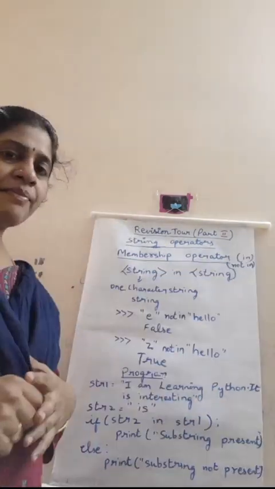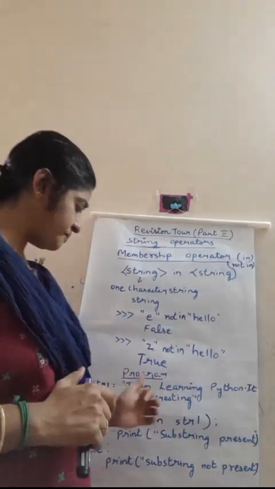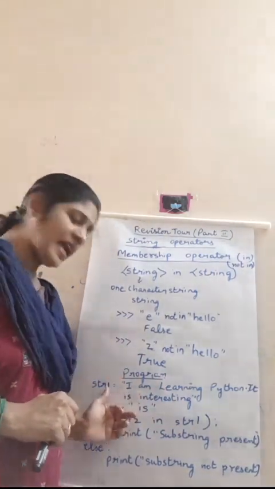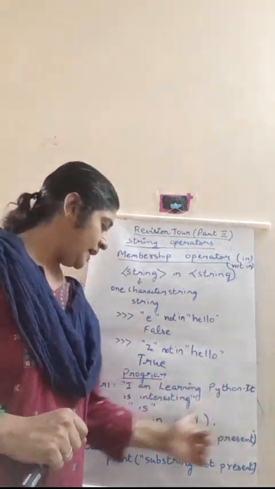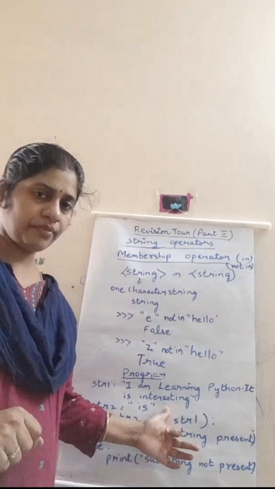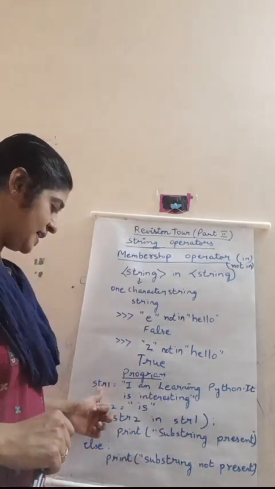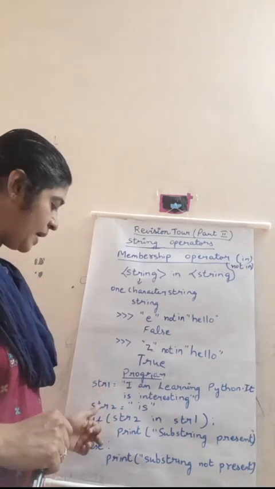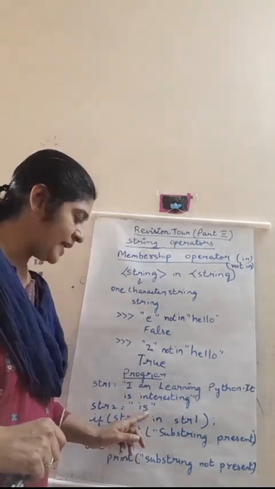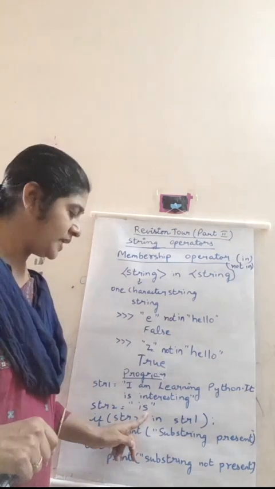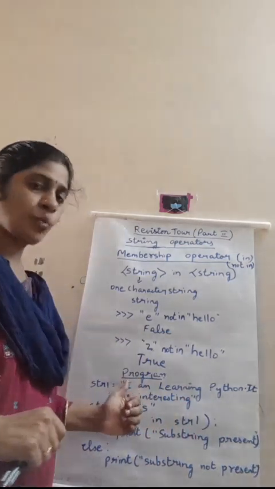Now let us see a program and understand the working of in. I have written str1 is equal to, I am learning Python, it is interesting. I have stored a text in str1. Now in str2, I have the text is. Now I am going to check whether the substring is present in str1.